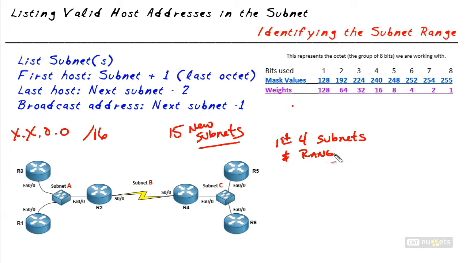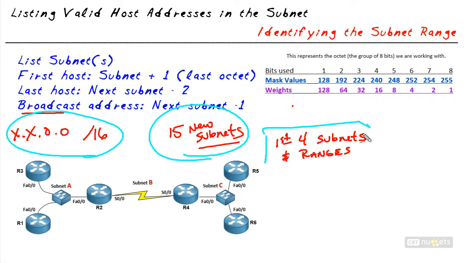The ranges for a valid host address on those first 4 subnets. And for bonus points, include the broadcast address for each of those subnets as well. Just to be clear, we're starting off with a /16. You need 15 new subnets. You're going to list the first 4 subnets and their ranges of valid hosts. Go ahead and pause me and do that right now.